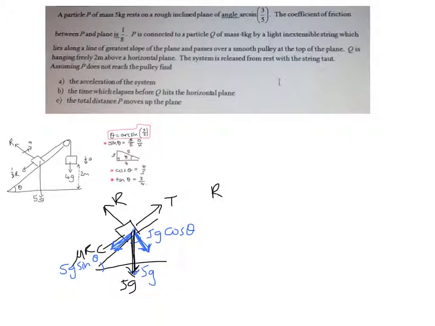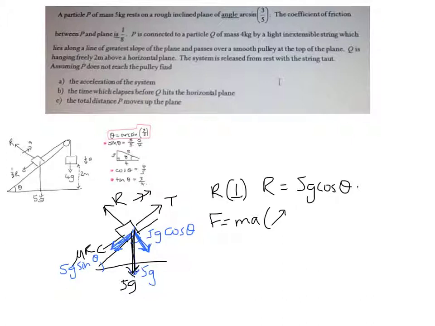We've got resolving perpendicular to the plane, because it's not accelerating perpendicular to the plane, so R equals 5g cos theta, and then using F equals ma up the plane, we get T minus mu R minus 5g sine theta, that's the F, that's in the direction of the acceleration, equals the mass times the acceleration.